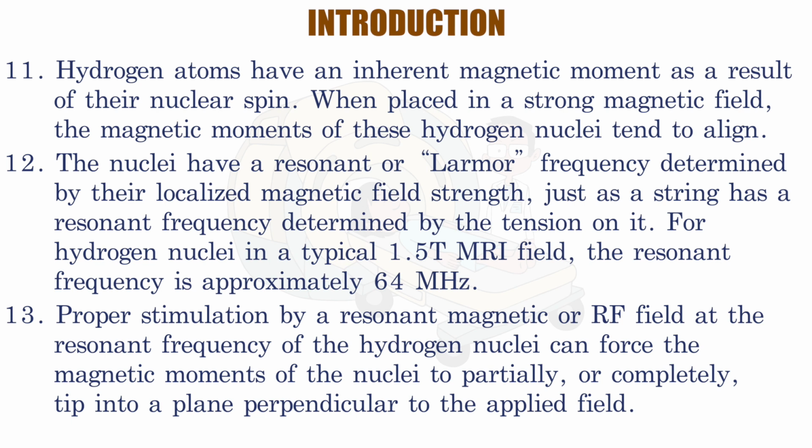Proper stimulation by a resonant magnetic field, or RF field, at the resonant frequency of the hydrogen nuclei can force the magnetic moments of the nuclei to partially or completely tip into a plane perpendicular to the applied field.